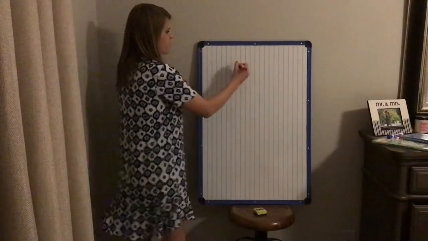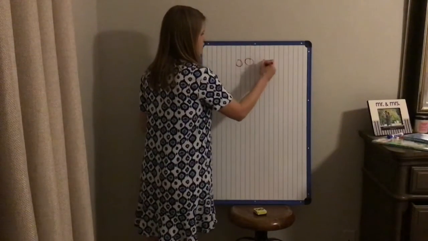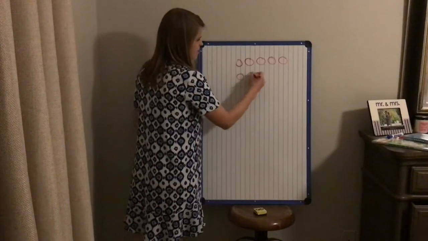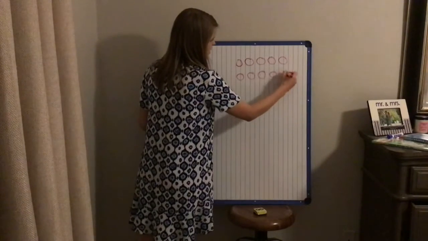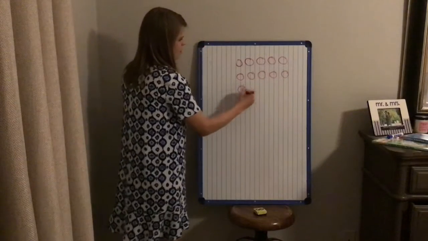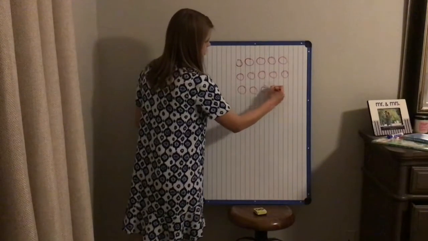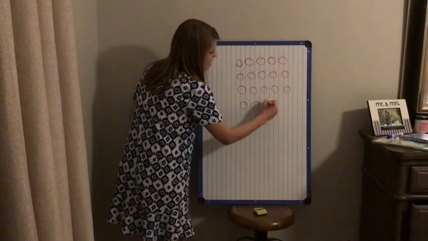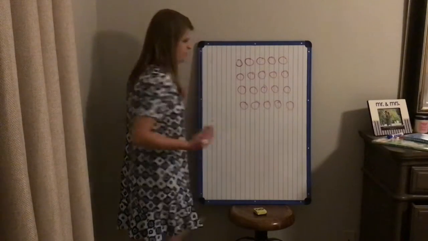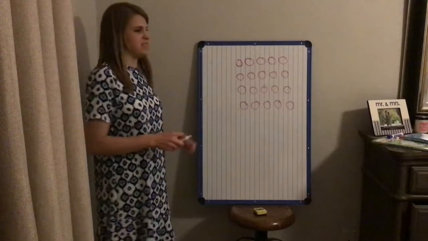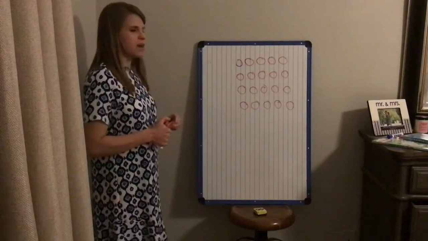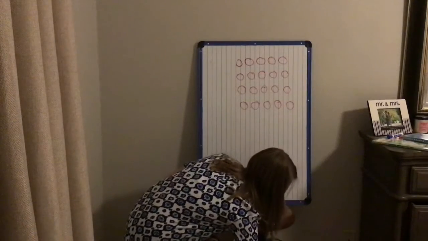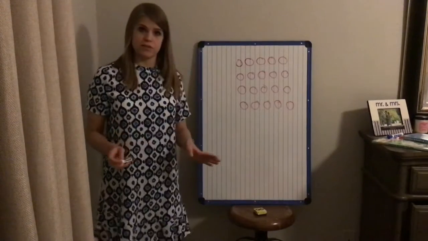Are you ready? 1, 2, 3, 4, 5, 6, 7, 8, 9, 10, 11, 12, 13, 14, 15, 16, 17, 18, 19, 20. I have my 20 birds there. Okay, so now the first thing we need to do is we need to think about how many birds went away first.